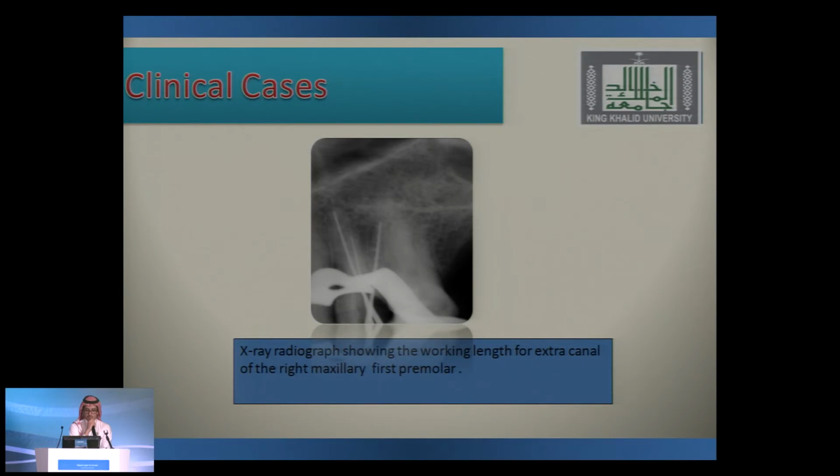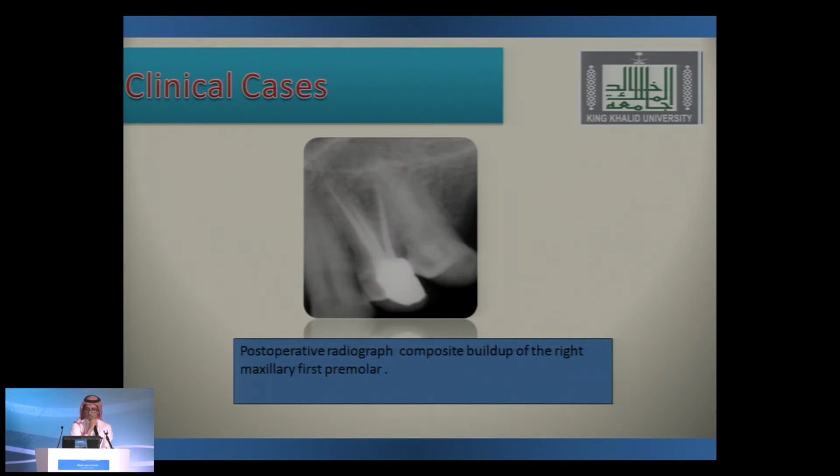This is the extra root. I can show you in the figure the three canals with separated roots. And this one is my obturation by rotary, and you can see the permanent restoration.